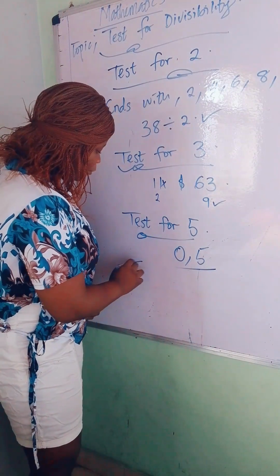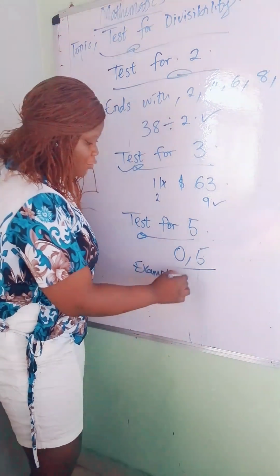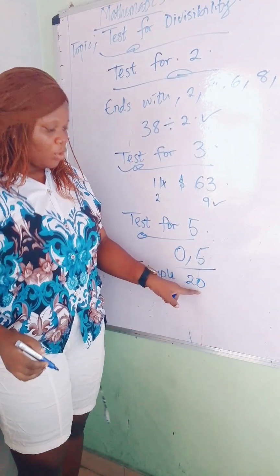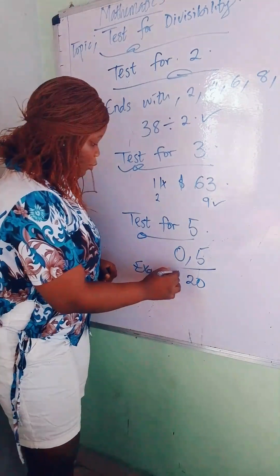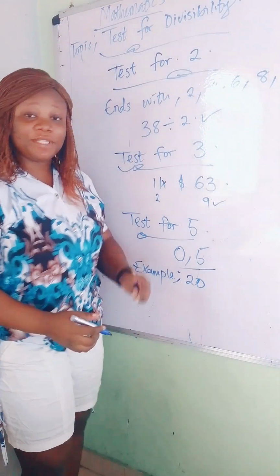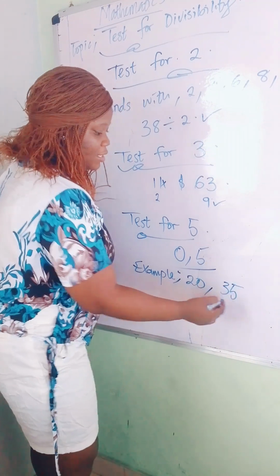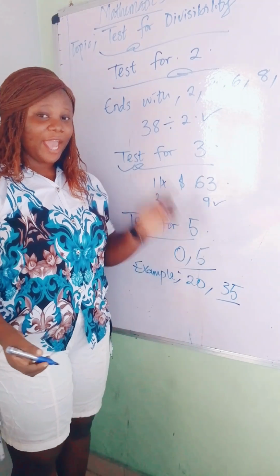So for example, we have 20. What does 20 end with? It ends with 0. So a number that ends with 0 or 5 must be divisible by 5. So 20 can be divisible by 5. Another one, let's say 35. 35 ends with 5. So it can be divisible by 5.